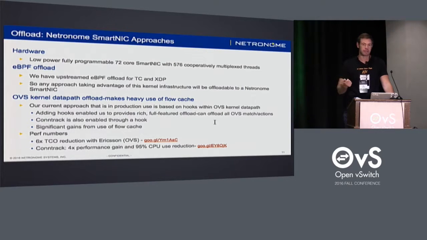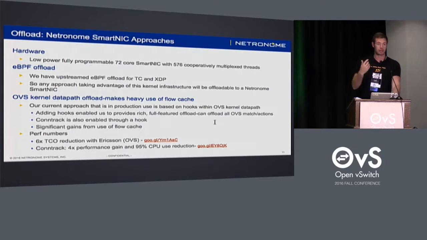You've got 576 cooperative multiplexed threads on there. That basically means each one of these small processors has 8 threads running. And as one goes off to check a piece of memory, another one can run, and so you never end up with dead cycles. So all your cycles get used. This is part of the way we are able to be very efficient and get very high performance.